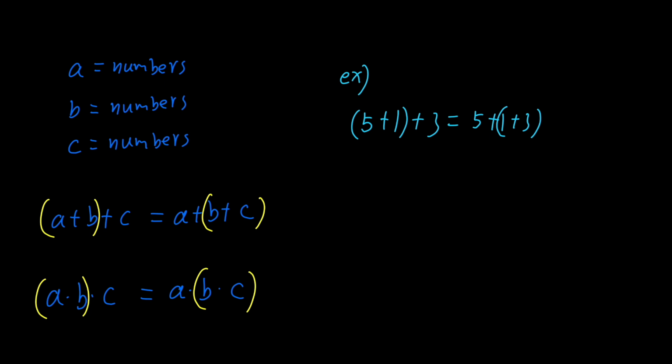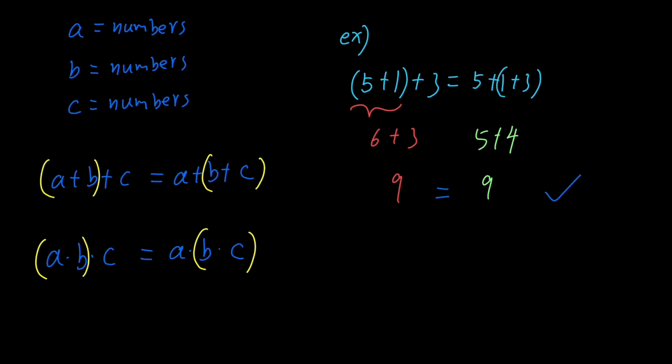The result will be the same, and we can check it. For the left-hand side, we have 5 plus 1 is 6, and then plus 3. 6 plus 3 is 9. For the right-hand side, we have 5 plus, and inside the parentheses, we have 1 plus 3, which is 4. And 5 plus 4 is 9, so they are equal.